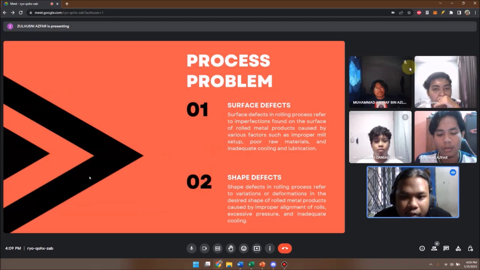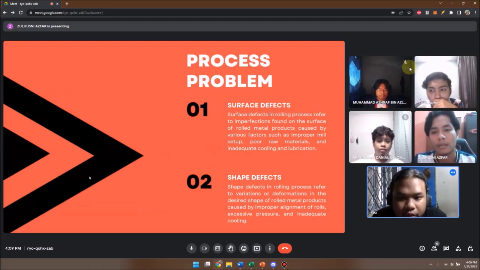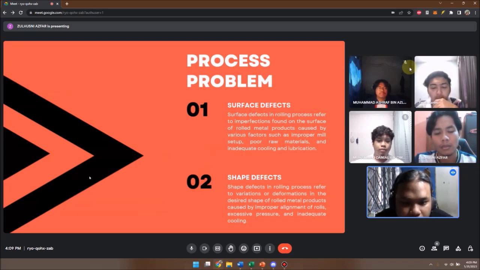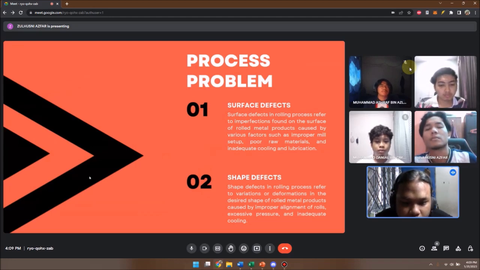So we have found two main drawbacks for this rolling process, which are surface defect and shape defect. Surface defect in metal refers to imperfections on the surface of the metal that can affect the quality and the appearance of the final product.